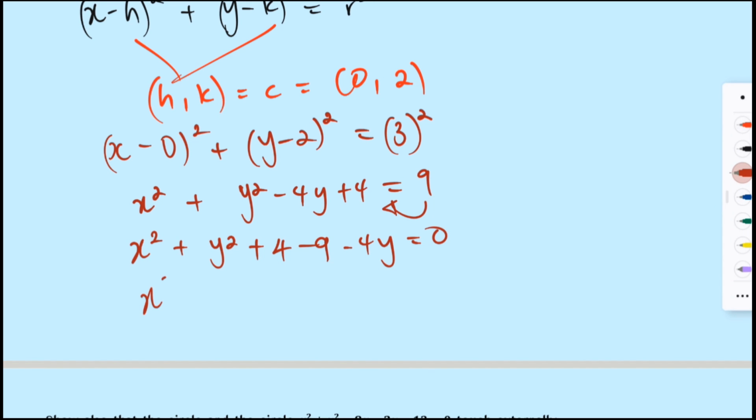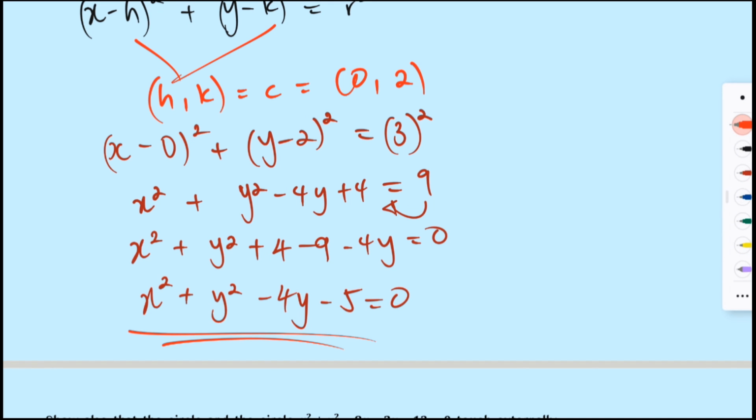Finally, x squared plus y squared minus 4y minus 5 is equal to 0, which is the equation that they had in the beginning.